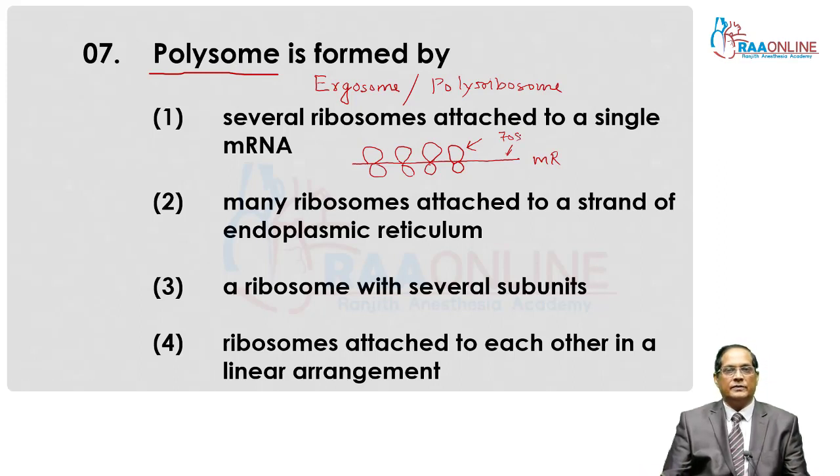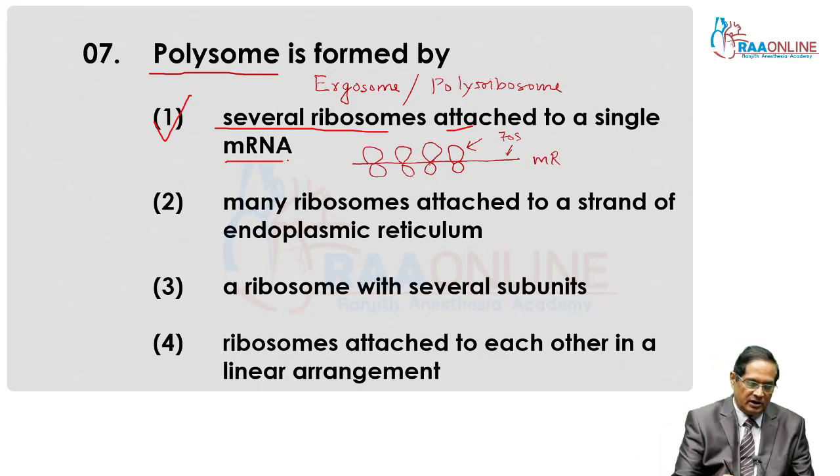So a number of ribosomes are attached on a thread of messenger RNA, but only at the time of protein synthesis. That structure is known as polysome or polyribosome. So several ribosomes are attached on a single thread of mRNA, and at what time? At the time of protein synthesis.